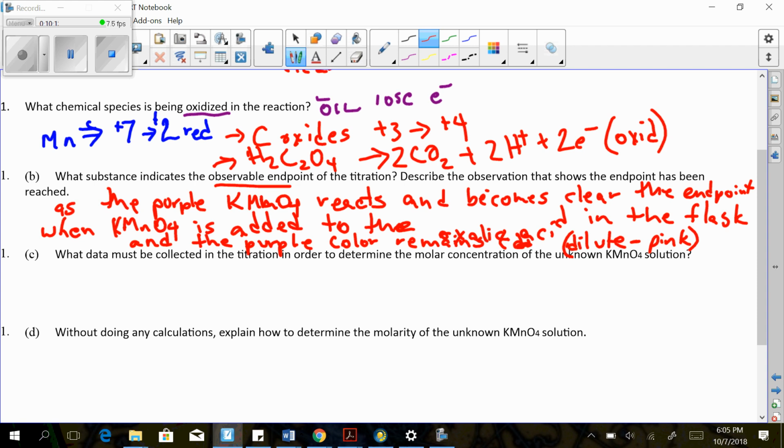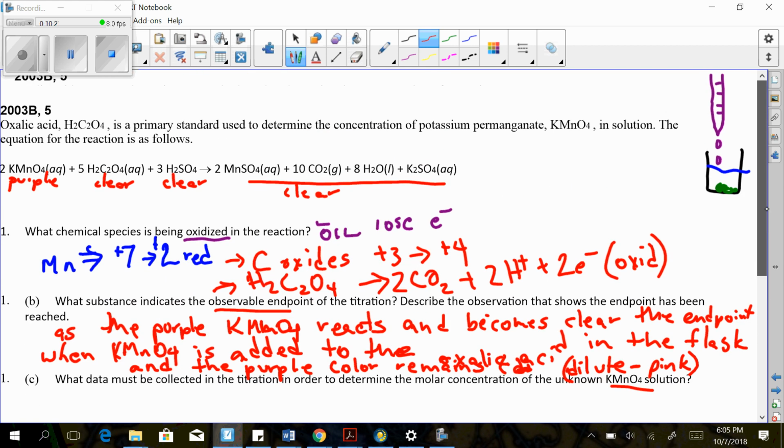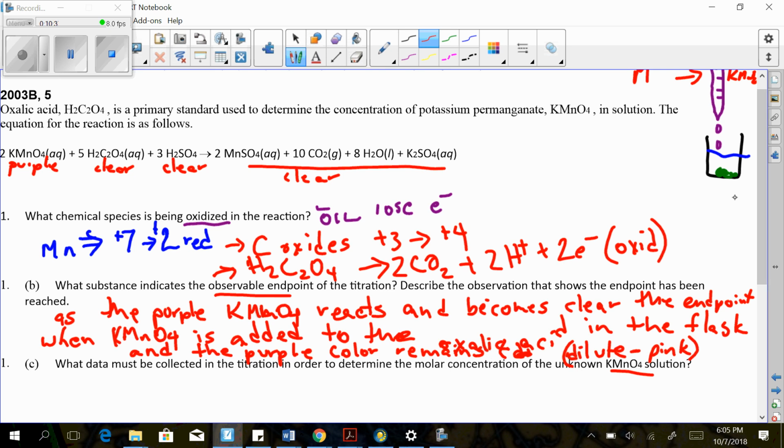And so it says, what data must be collected in the titration in order to determine the molar concentration of the unknown permanganate solution? So our end goal from this titration was to figure out what is the molarity of the KMnO4 in the burette. So the things we would need to know, if we look at this reaction, we want to know the molarity of this one. It's reacting with the oxalic acid.